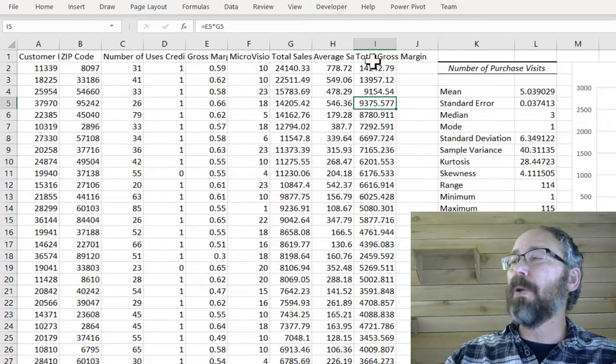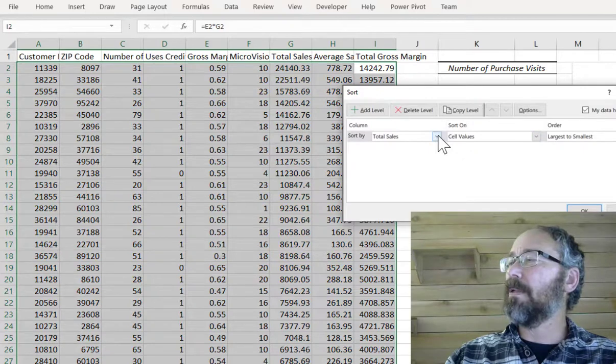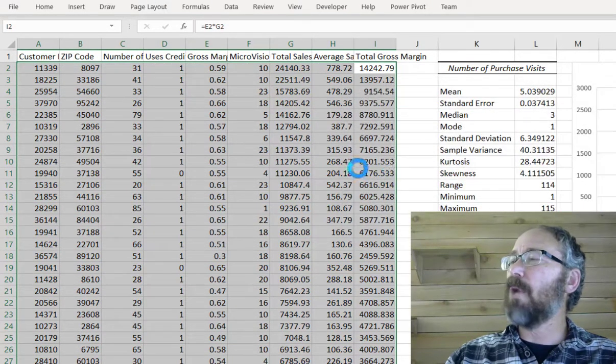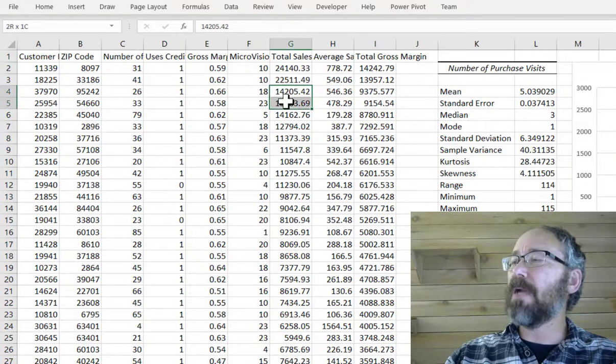In fact, what we want to do now is sort our data based on that calculated column, going largest to smallest. We can see from this that we have a couple that are inverted there. We have other ones down here, an 8,000 above a 9,000.